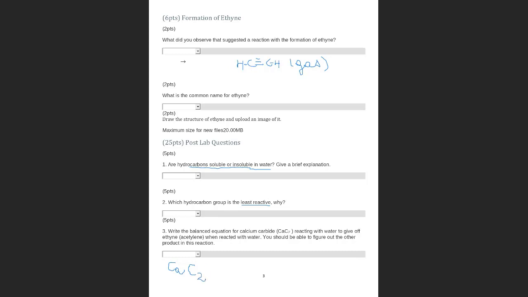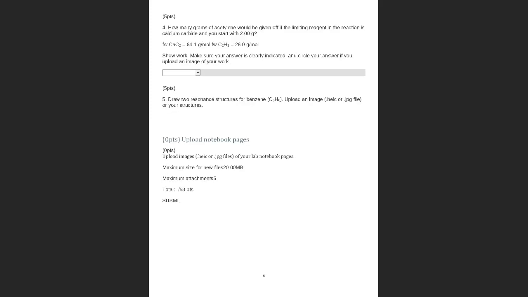That is the calcium carbide that is a solid and reacts with water to form calcium hydroxide plus the ethine that is a gas. And this is the chemical reaction. What else is asking us?